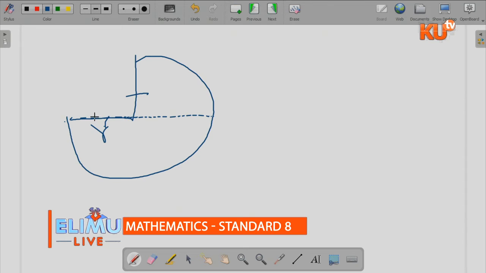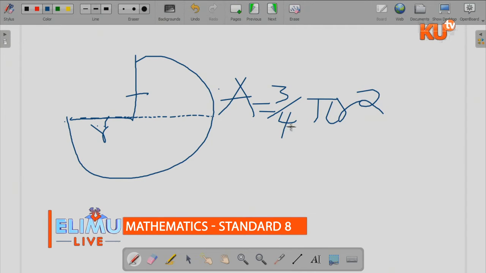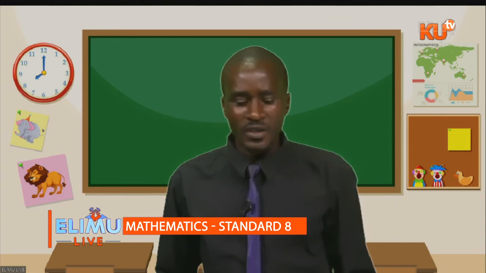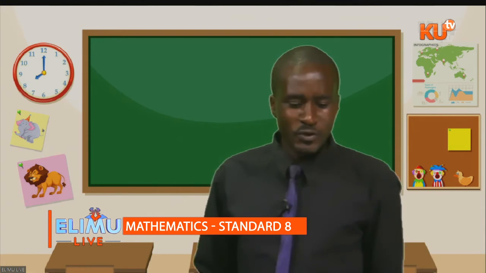So this one is radius, and now you will say area is equal to 3/4 pi r square. Then pi is constant, 22/7, unless you are advised to use 3.14. Radius is what is here and this one here. Okay, let's now move to the next thing.